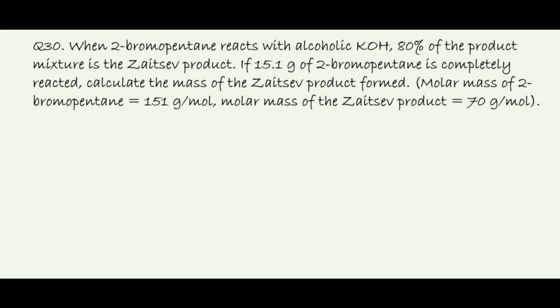They have mentioned 80% is our yield, and here we have 15.1 gram of 2-bromopentane. So find the number of moles of 2-bromopentane, that is given mass by molecular mass. So 15.1 by the molecular mass, 151, which makes it 0.1 mole.